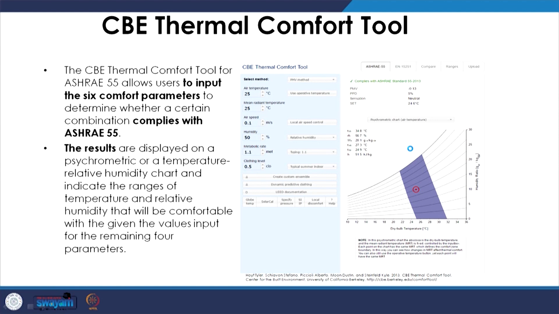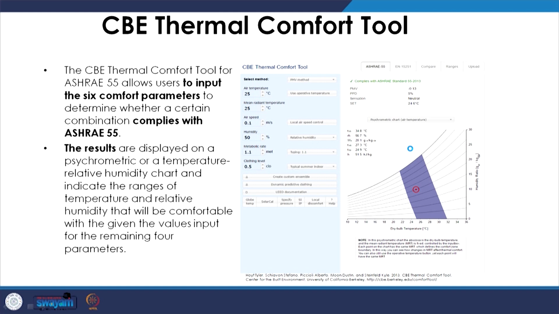The CBE thermal comfort tool used the same data of ASHRAE 55 and the PMV, the same method, to understand from the user's perspective and give on the basis of ASHRAE 55 whether the given set of conditions is going to be comfortable or not.